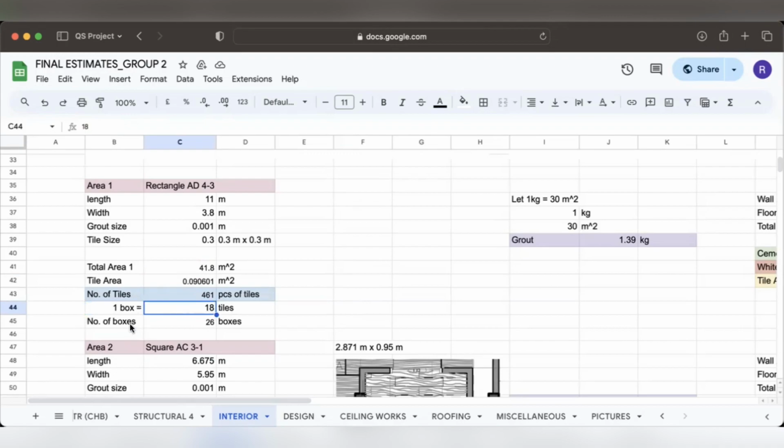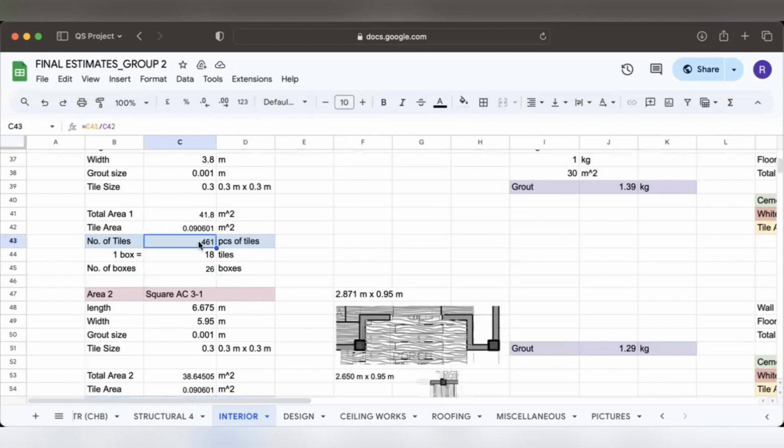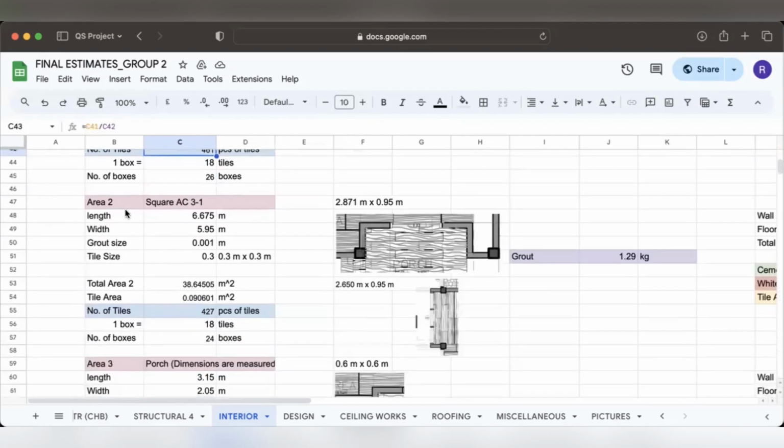So for the number of boxes, we divide the number of tiles by the assumed 18 tiles in a box. So you have 26 boxes needed to cater 461 pieces of tiles.